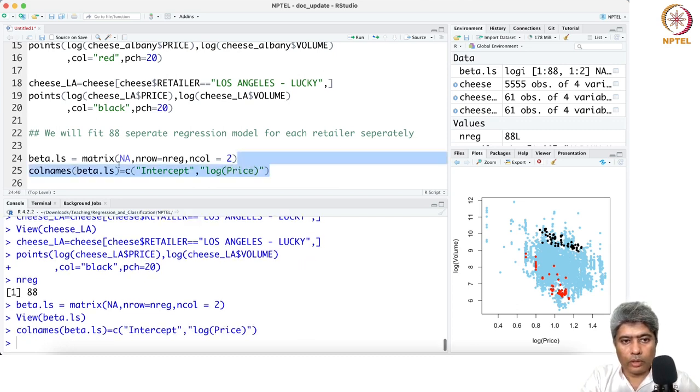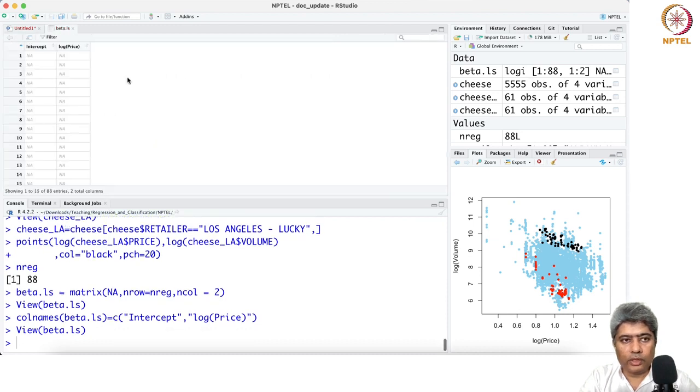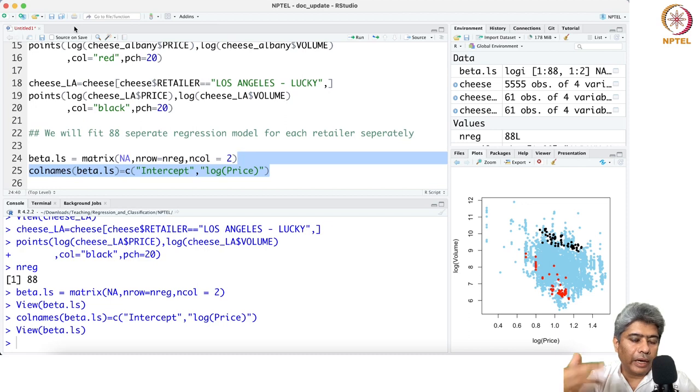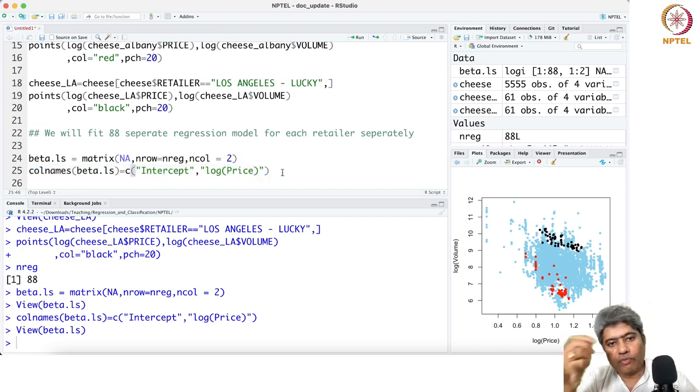So the intercept and the coefficient of log price will be calculated and stored for all 88 retailers separately.